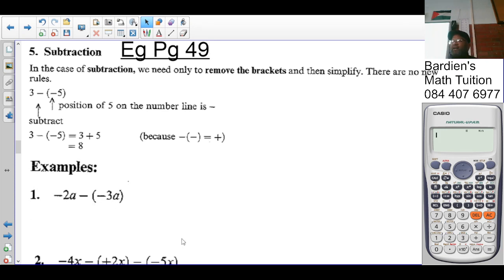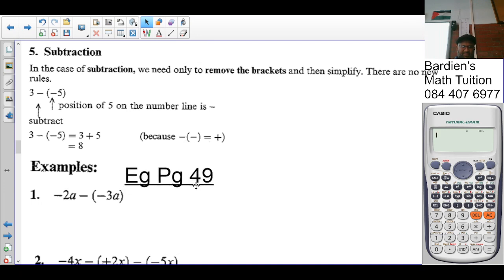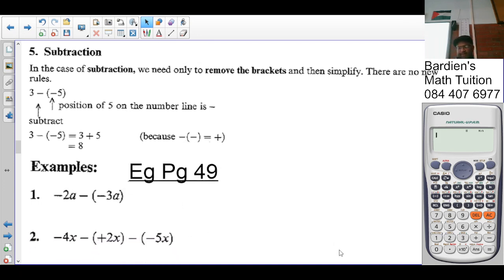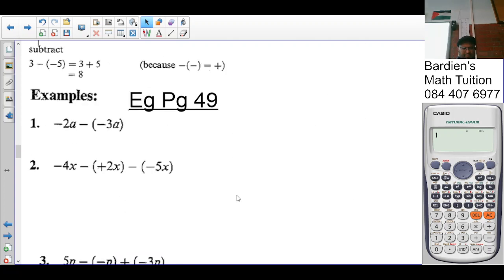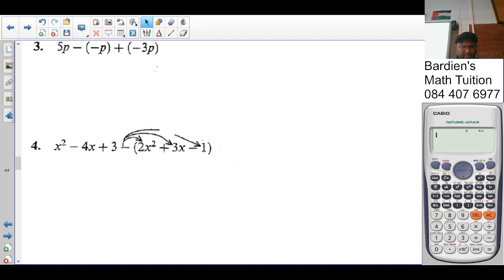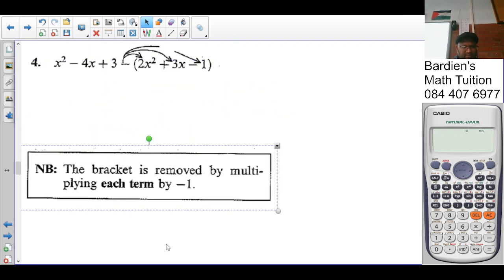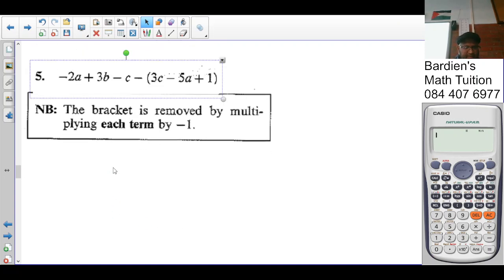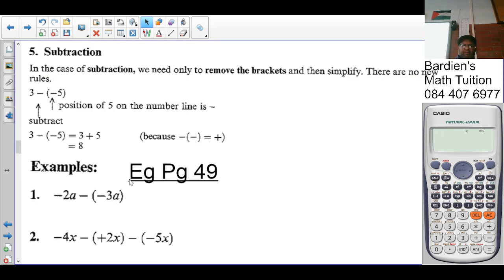That's the first example I would like you to do, numbers 1 and 2. Have you finished?